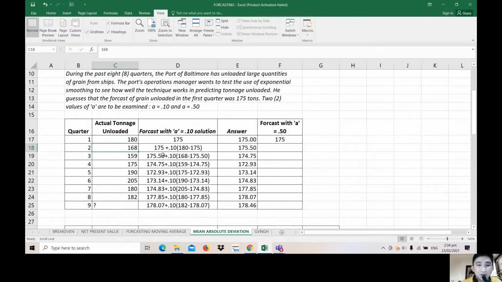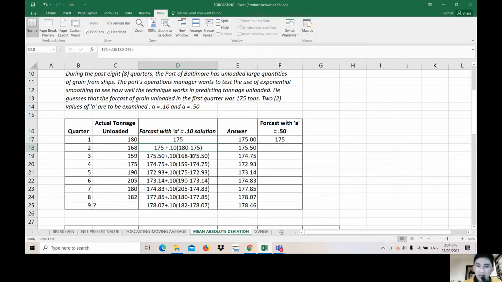But to get the forecast using the 0.10 exponential smoothing value, you need to use the last quarter's forecast, which is 175, and then multiply it by 0.10.